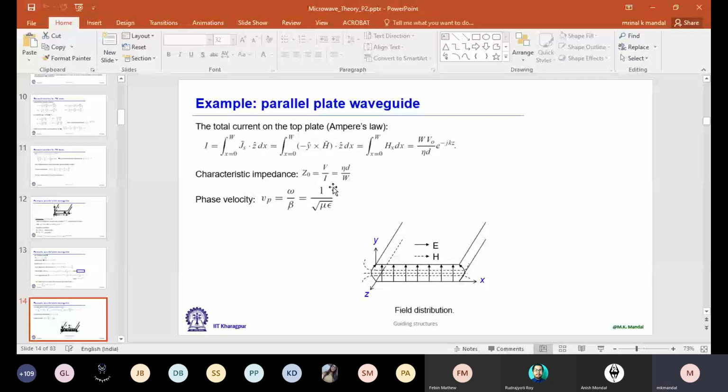Now, if you are asked to design a parallel plate waveguide with a characteristic impedance of 50 ohm, and the dielectric material is given, then accordingly we can choose our d and w to have 50 ohm characteristic impedance.